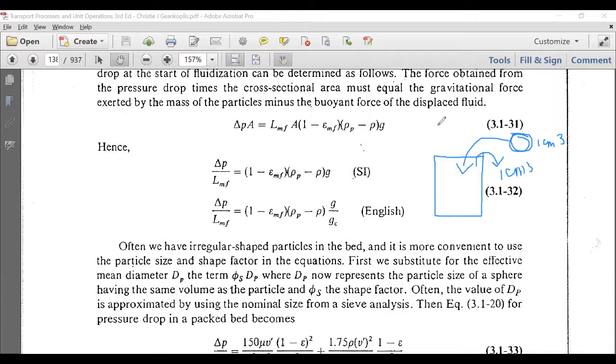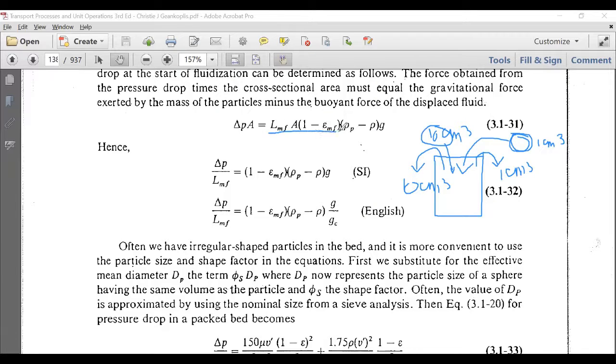If I add a bigger rock with a volume of 10 cubic centimeters, of course the water coming out of the system is also 10 cubic centimeters.